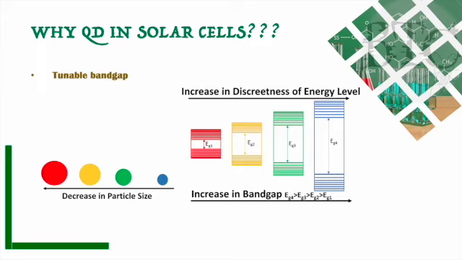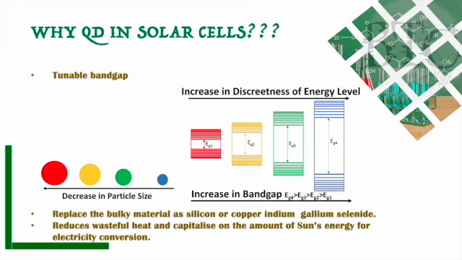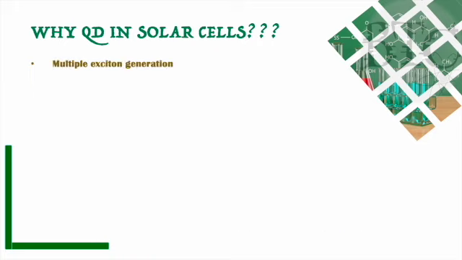So I can come to the conclusion that these cells can replace bulky materials such as silicon or copper indium gallium selenide, and possess the potential to reduce wasteful heat and at the same time capitalize on the amount of the sun's energy for conversion to electricity. Wow, that's amazing. Let's get some more convincing facts.